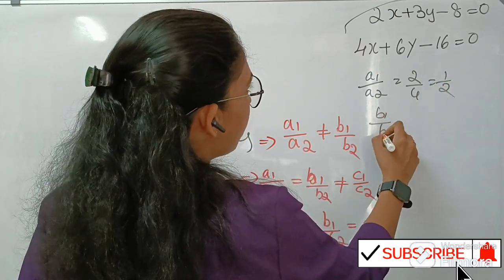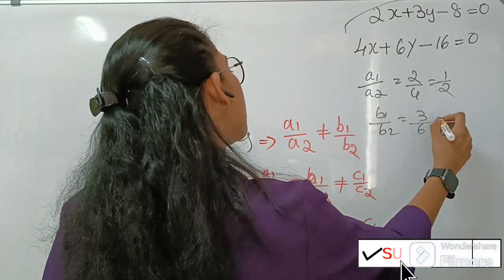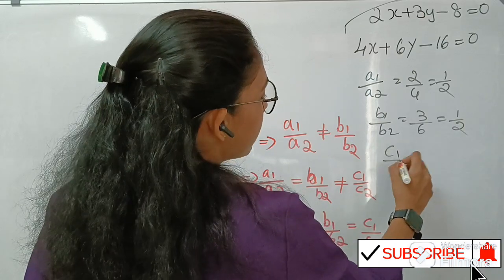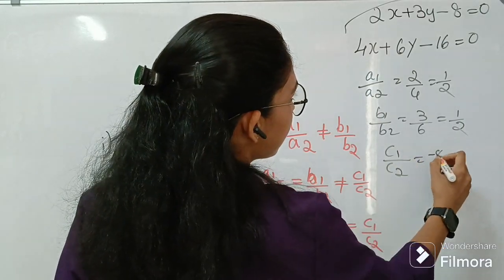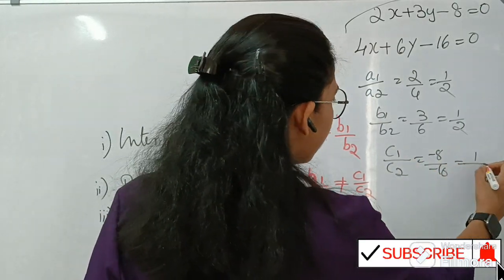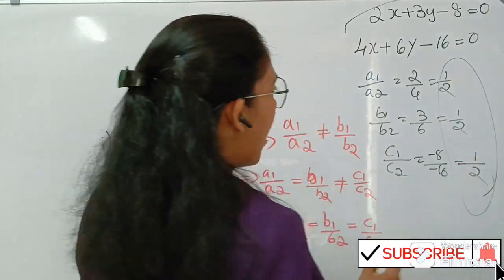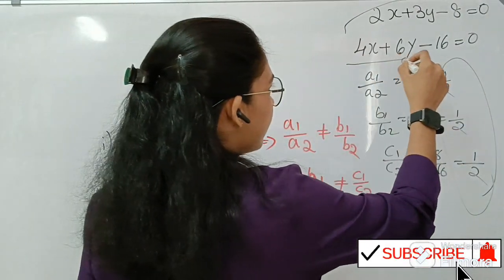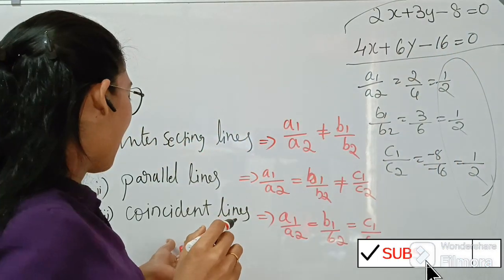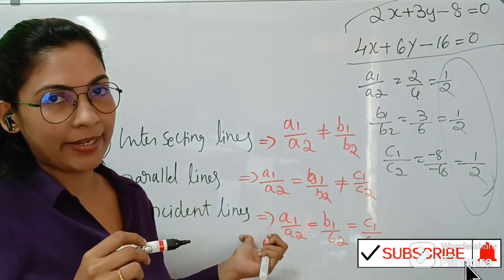Then b1 upon b2 is equal to 3 by 6, which is equal to 1 by 2. And c1 upon c2 is equal to minus 8 by minus 16, which is also 1 by 2. So all the ratios are the same and we can consider this equation for satisfying a pair of coincident lines.